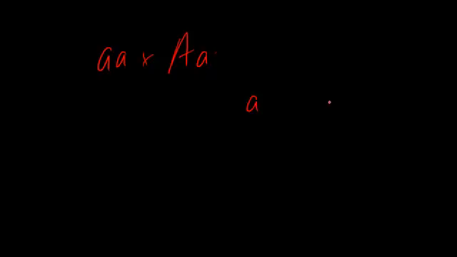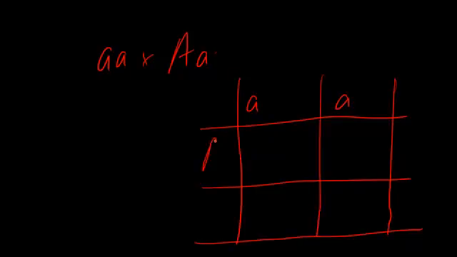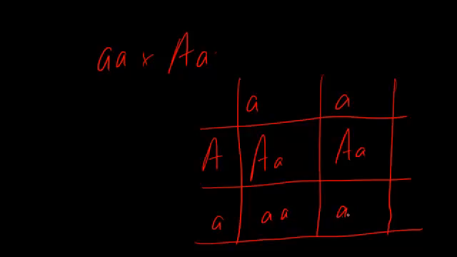So I create the Punnett square, little a, and big A, little a. This child has widow's peak, this child has widow's peak, no widow's peak, no widow's peak. So now we know what the chances are of having widow's peak or not having widow's peak.